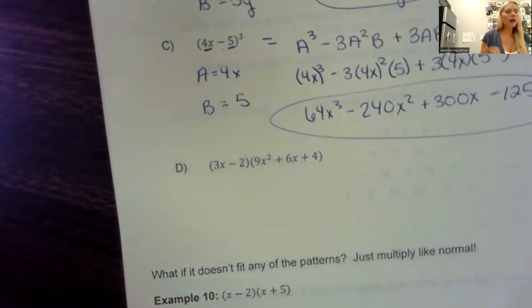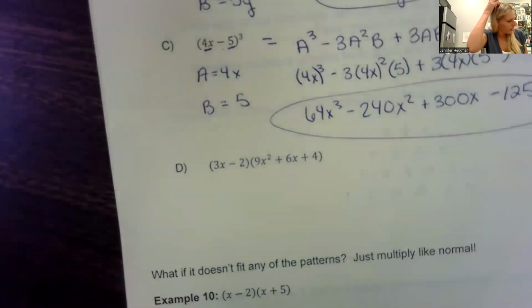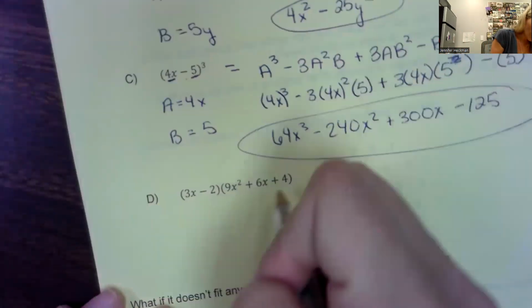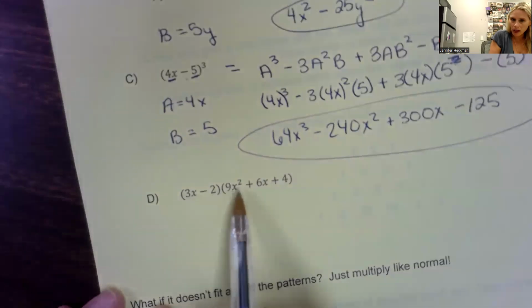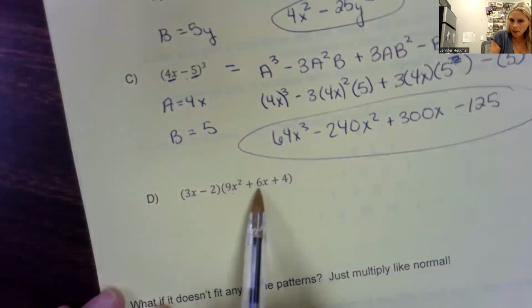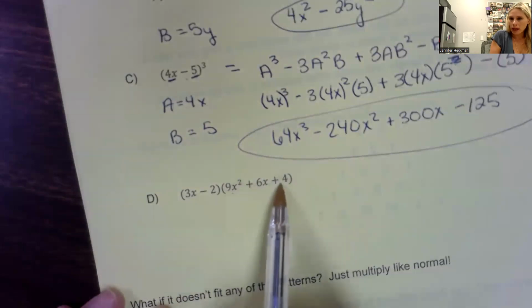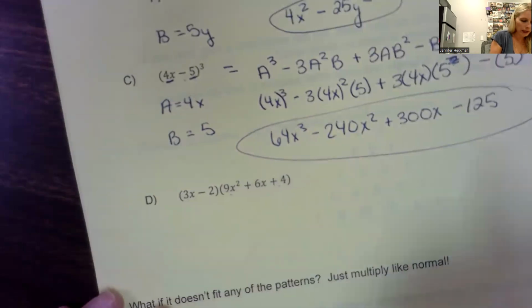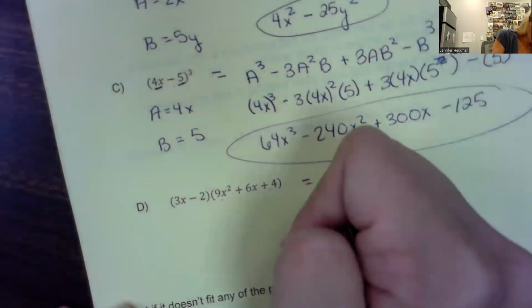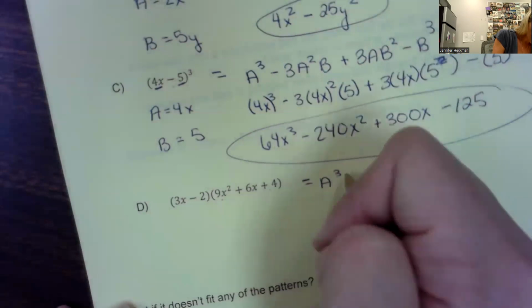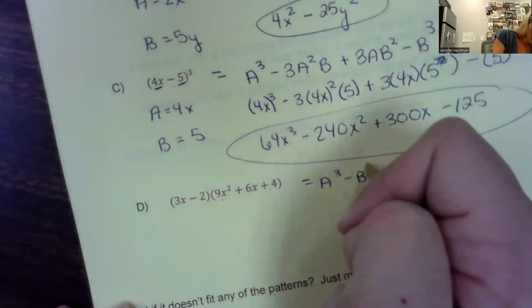All right, and here, now we have the difference of cubes. So again, a squared right here, so that's 9x squared. This is a times b, and that's b squared. So that's how I know the trinomial works for the difference of cubes. And I know this answer is coming out to a cubed minus b cubed.